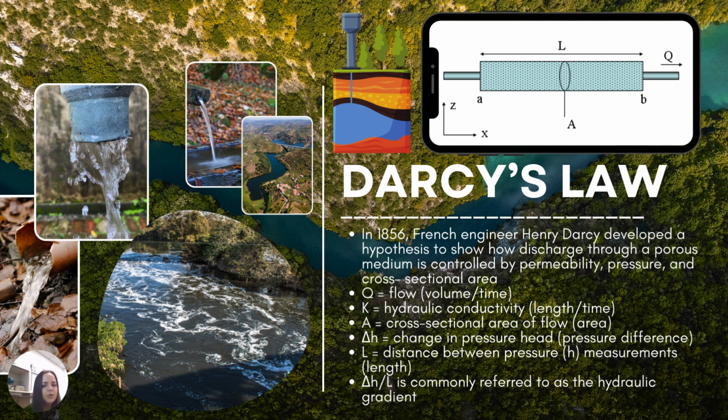And so Q is the flow, basically the discharge. And we want to look at the hydraulic conductivity, so how quickly or well it's moving. So that's basically the permeability, the cross-sectional area or flow, whatever area you're looking at. The change in pressure head, which is the difference in elevation between one well and another well.